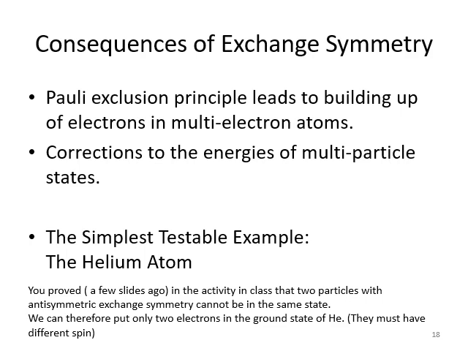All right. So you proved a few slides ago that 2 particles with anti-symmetric exchange symmetry can't be in the same state. And therefore, we can only put 2 electrons in the ground state of helium. Spin up, spin down. That makes them different states.